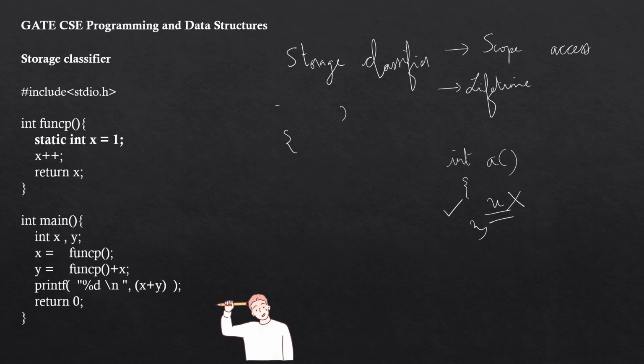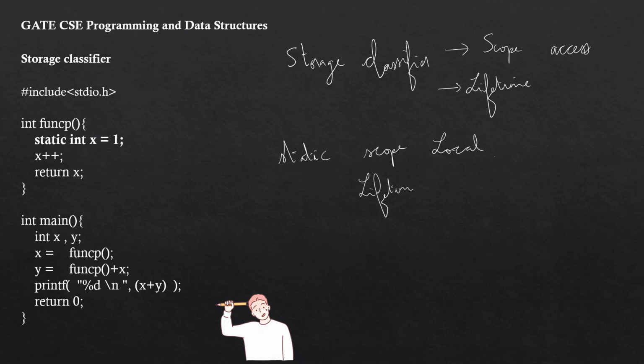Now let's look at the scope and lifetime of static. So static has the scope of a local variable, that is, local scope to the body of the function, but it has global lifetime. Remember that when we say scope, we are only talking about access.